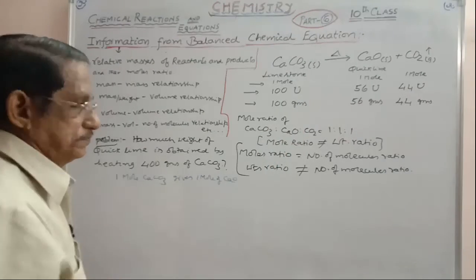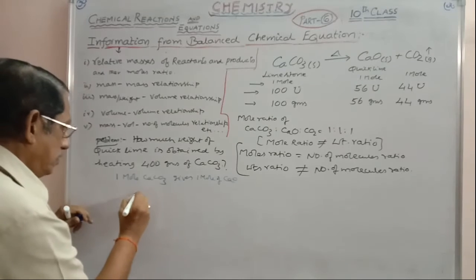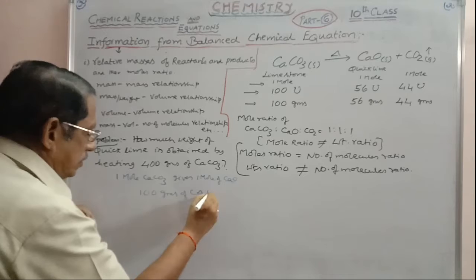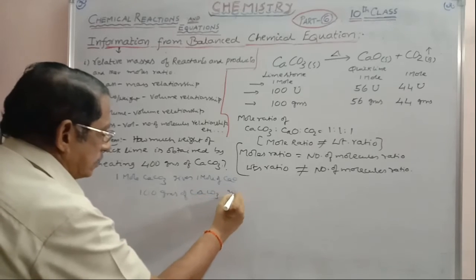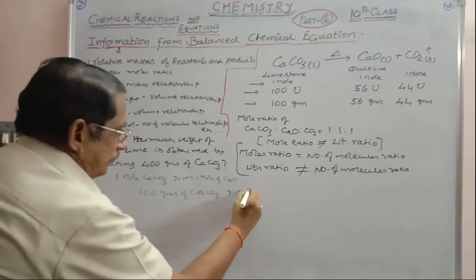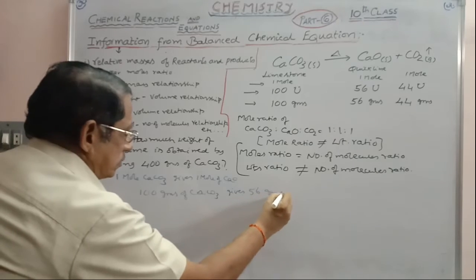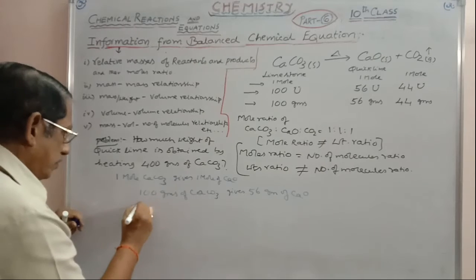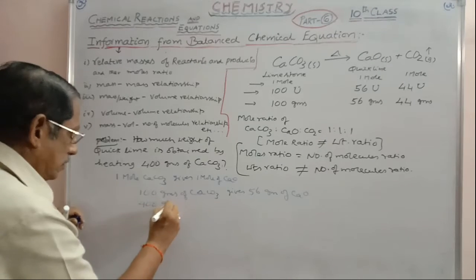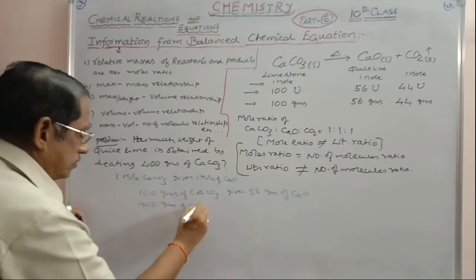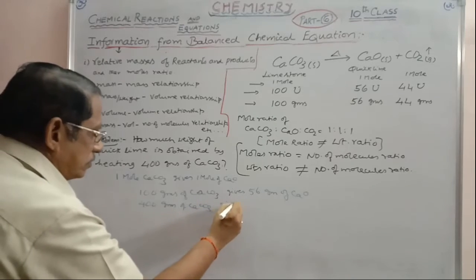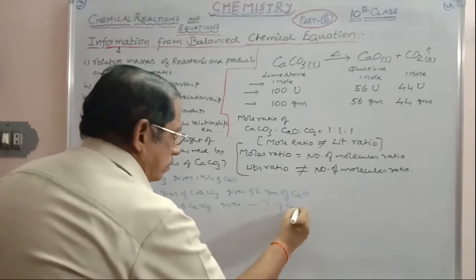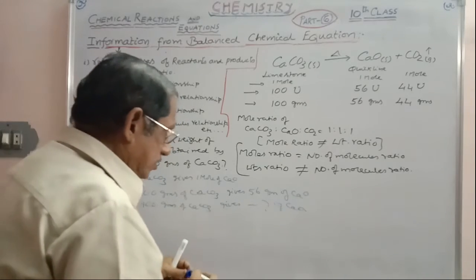CaO is quicklime. 1 mole means 100 grams of CaCO3 upon heating gives how much? 56 grams of CaO, right? Then 400 grams of CaCO3 gives how much weight of CaO? You can easily calculate now.